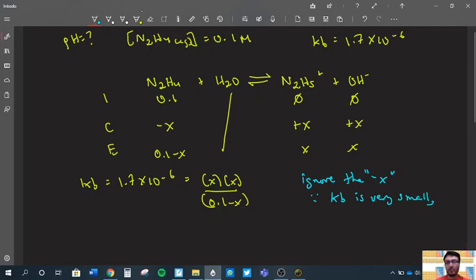Okay, we're going to ignore the minus x since the Kb value is very small and it follows the hundreds rule.